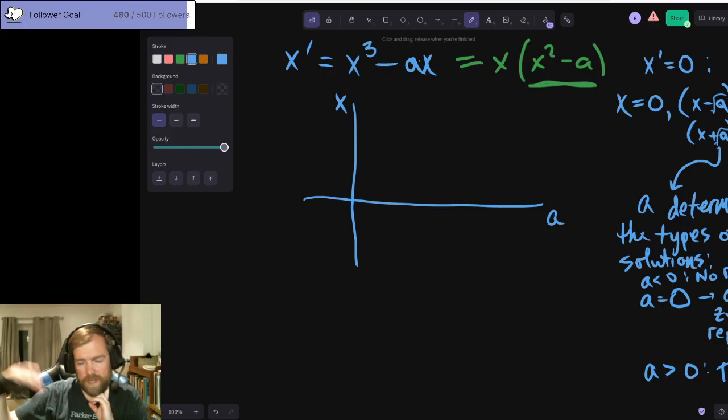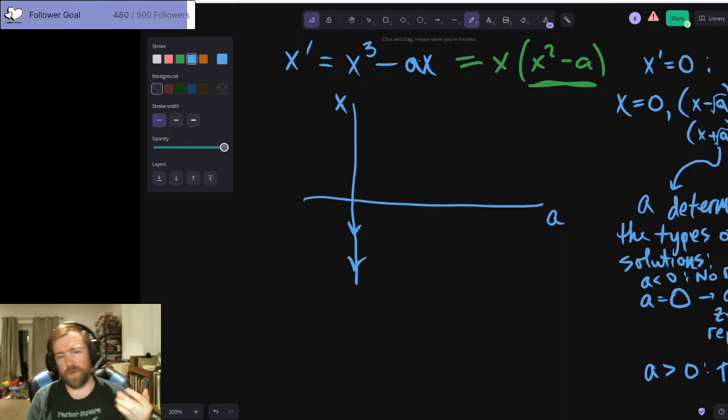Negative. So if we have negative x values at a equals 0, then all of those negative x values are going to have downward movement. And similarly, our positive x values are going to have upward movement.